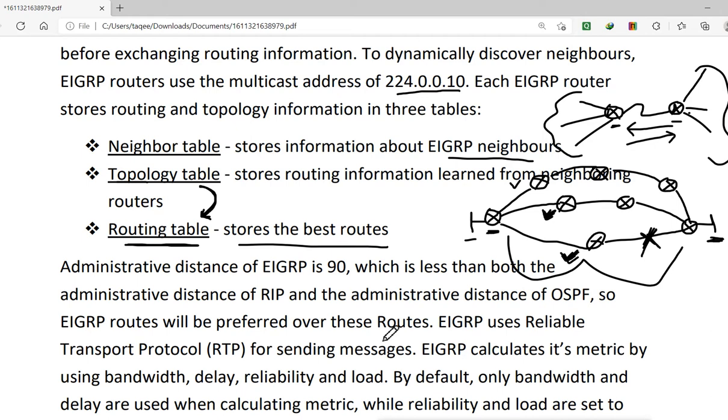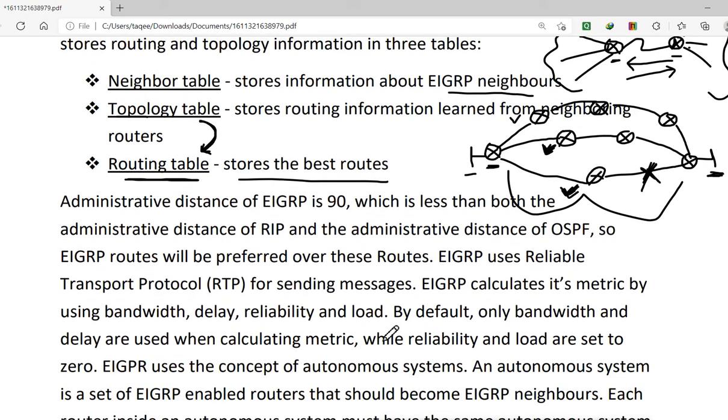Then EIGRP uses the Reliable Transport Protocol, RTP, for sending messages, and EIGRP calculates its metrics by using bandwidth, delay, reliability and load. This is the metric of EIGRP. RIP has only hop count, OSPF has only cost, but EIGRP can calculate all these metrics.